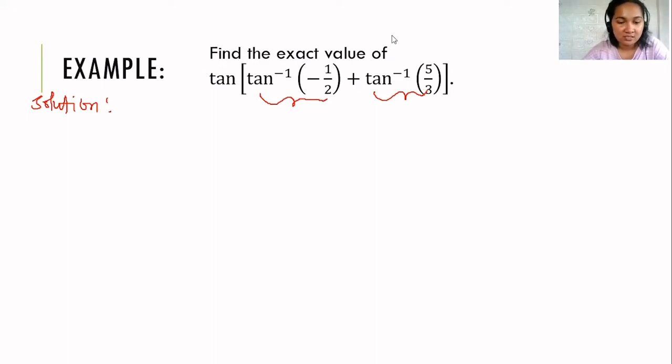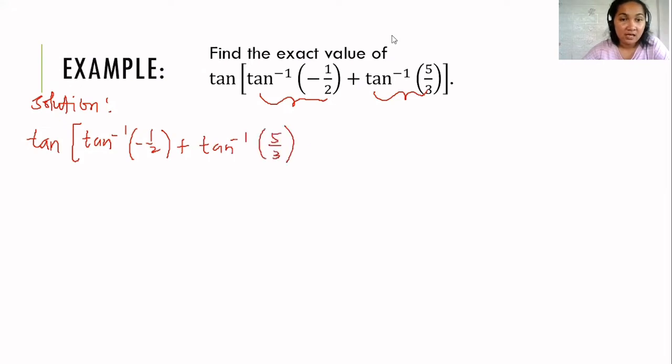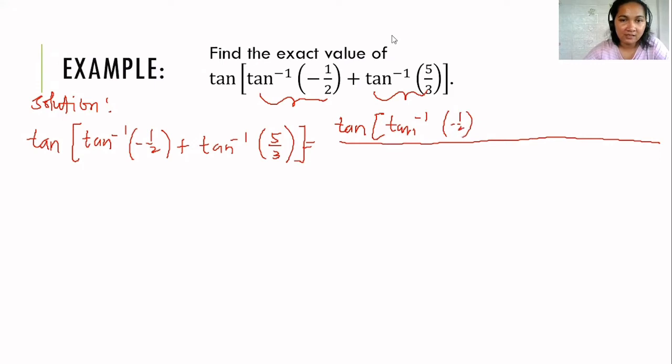If we get the exact value of this expression, we have the tangent of the inverse tangent of negative 1/2 plus the inverse tangent of 5/3. Applying the sum of two angles identity, allow me to write it here so that you have a guide.